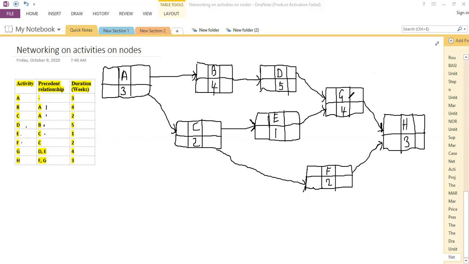And then once we have completed activity G and F, we can now do activity H.